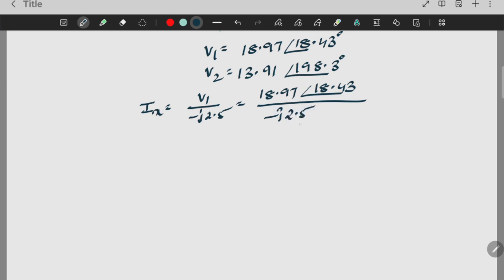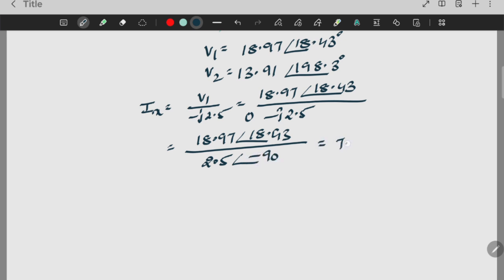The numerator is in polar form and the denominator is in rectangular form. You can treat this as 0 minus j 2.5, so write the denominator also in polar form. Then what will you get? 18.97 at an angle of 18.43 divided by 2.5 at an angle of minus 90, since minus j means minus 90. You will get 7.59 at an angle of 108.4 degrees.